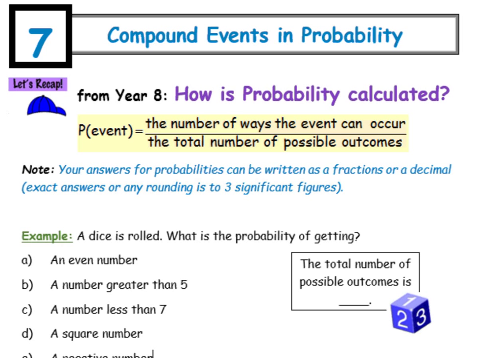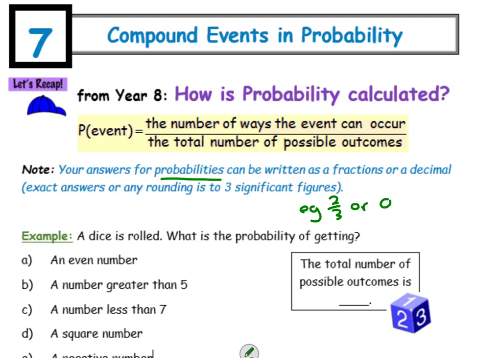For example, when you flip a coin, there are 2 outcomes. The probability of flipping a tail is just 1 in 2. Just be aware your answers for probabilities can be written as fractions, for example 2/3, or a decimal, for example exact answers.